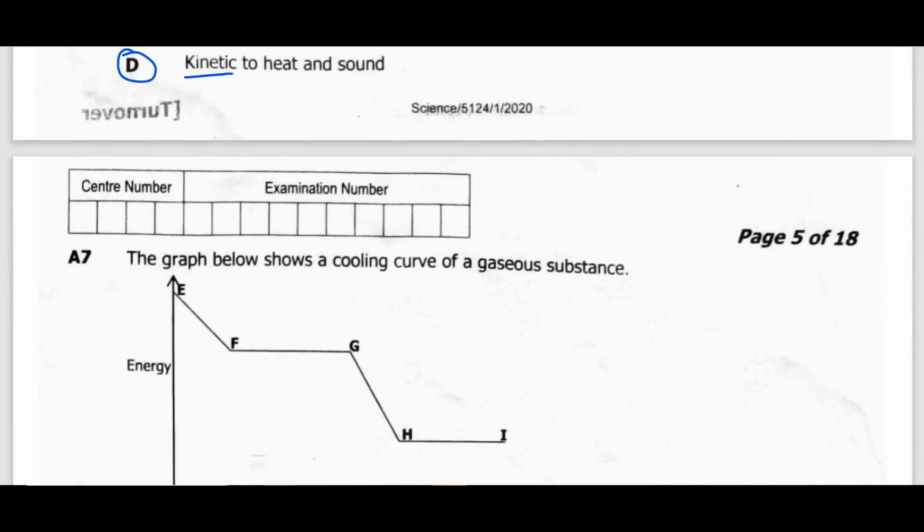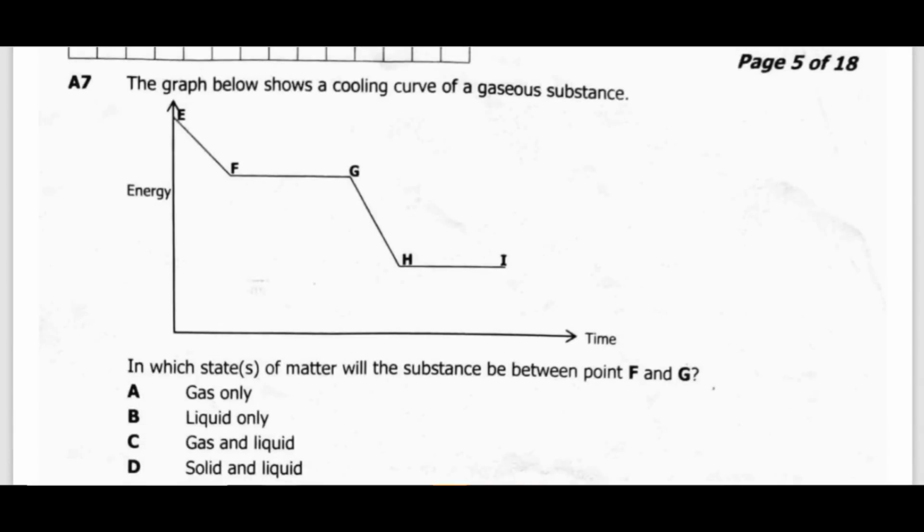So let us move to question 7. The graph below shows a cooling curve of a gaseous substance. We have the energy, and then we have time. For us to understand the question here, it is very important that we pay much attention to it.